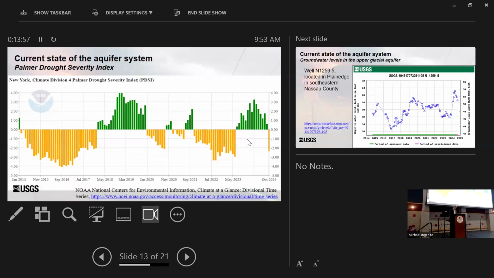Another way to look at this is the Palmer Drought Index. This essentially represents a way of looking at surpluses versus deficits of moisture. Both this depiction and the previous one are really based on data from Long Island MacArthur Airport. And so if we look back beyond just the 2024 water year, if we look back the last 10 years, we could see that we had these oscillating periods of dry and wet and dry conditions.